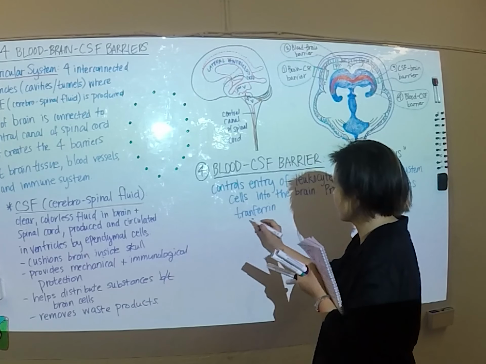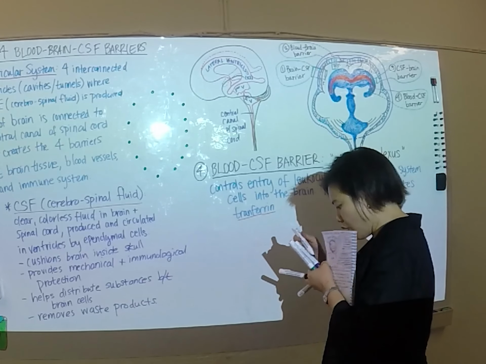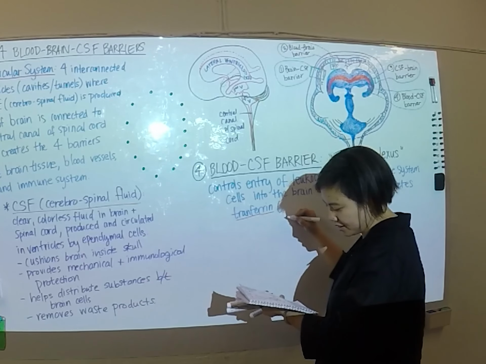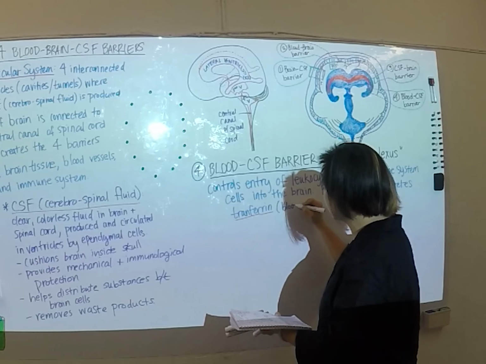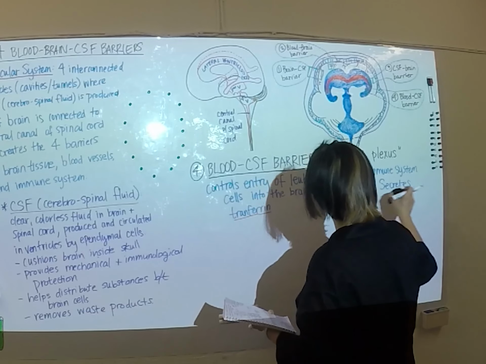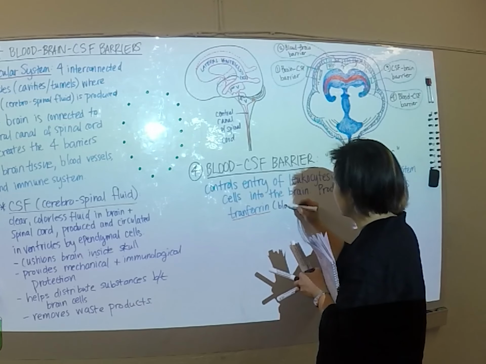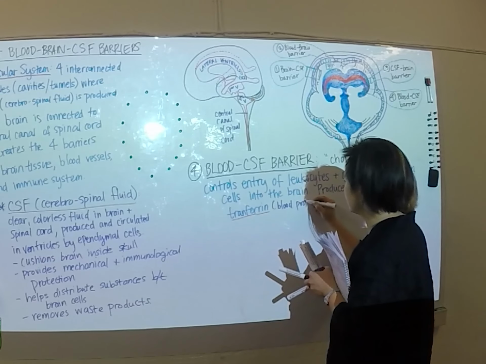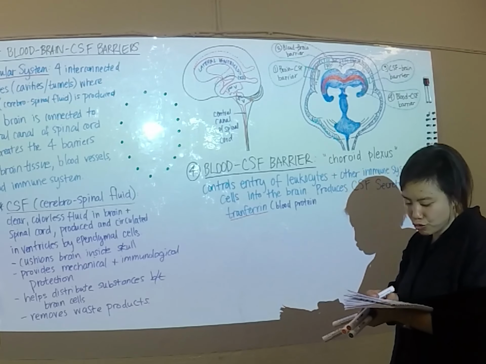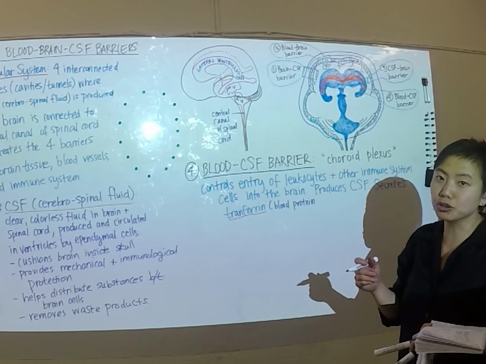Okay. Which is a blood protein. Oh, I should do this in purple. Okay, so this is a blood protein, and it controls the level of free iron in biological fluids.